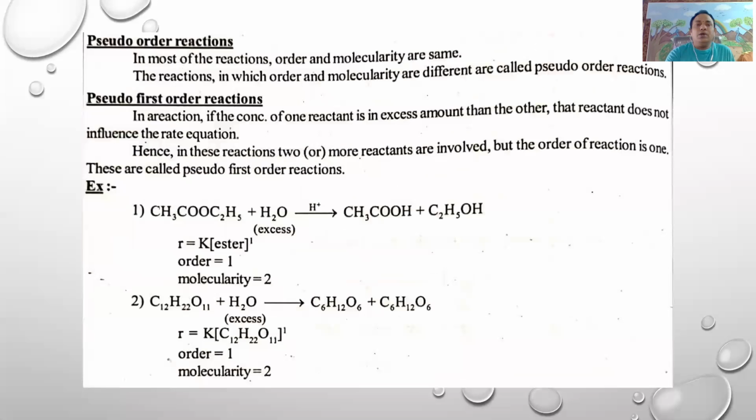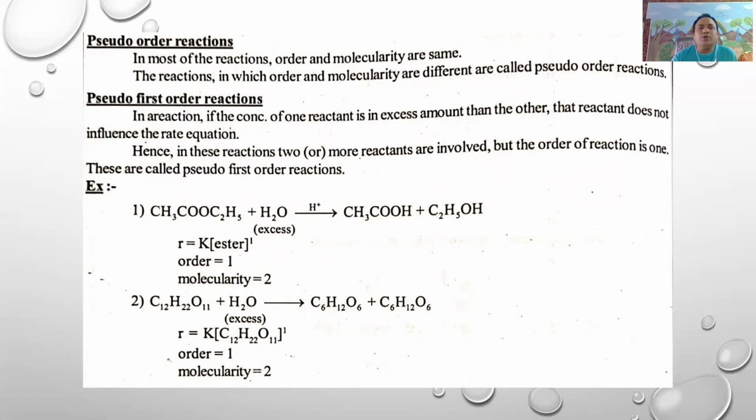Here, next, pseudo order reactions. Generally, in most chemical reactions, order and molecularity are the same. But the reactions in which the order and molecularity are different are called pseudo order reactions.